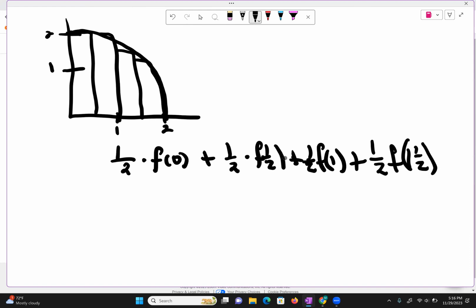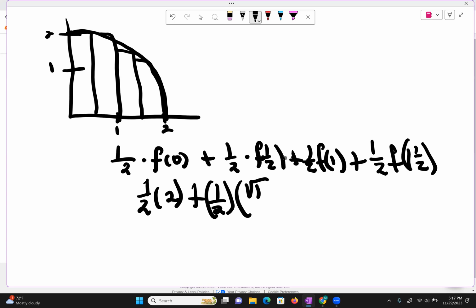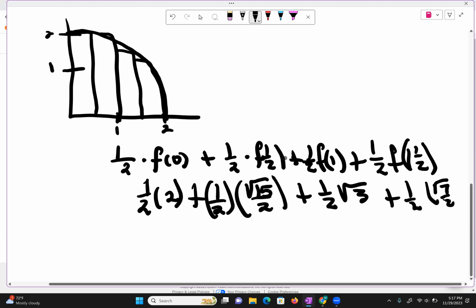So this gives me 1/2 times 2, plus 1/2 times the square root of 15 over 2, plus 1/2 square root of 3, plus 1/2 square root of 7 over 2.